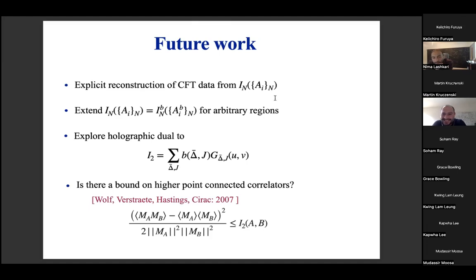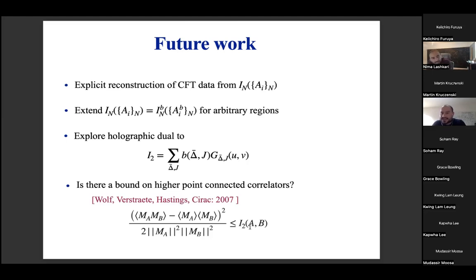I do have a quick question about your last comment about higher point functions. I'm a little confused about what you're looking for, because MA itself could be a two-point function, so you have a bound on three-point functions. But you're looking for something else, right? The point is that the I3 is not positive definite. Is that what you're saying? You want the upper bound to be in terms of I3. Yes, or in terms of something concrete.